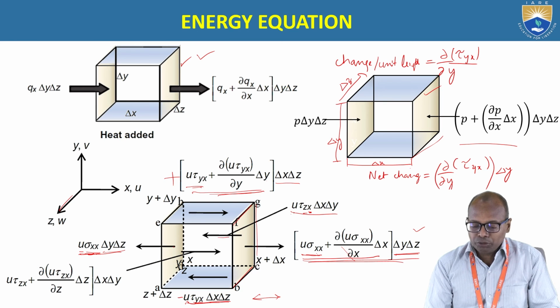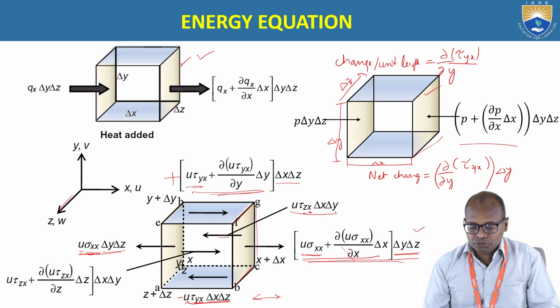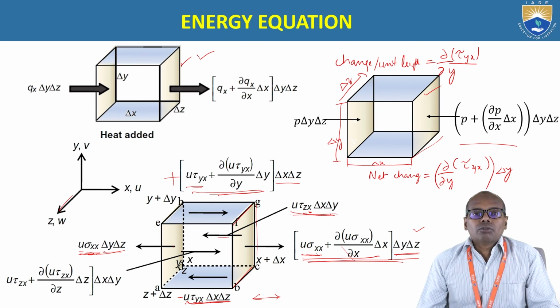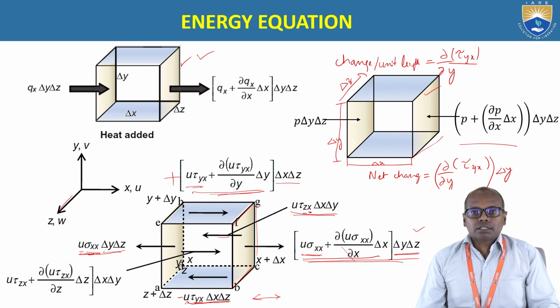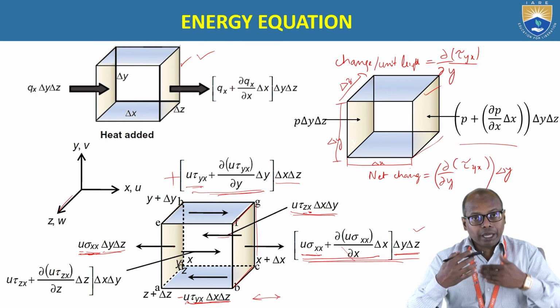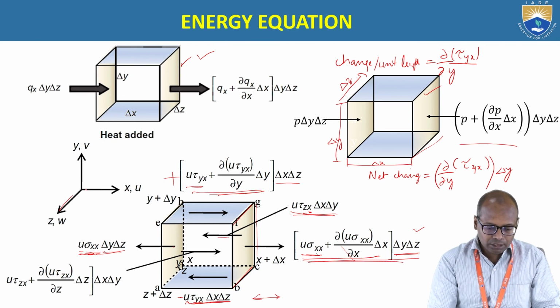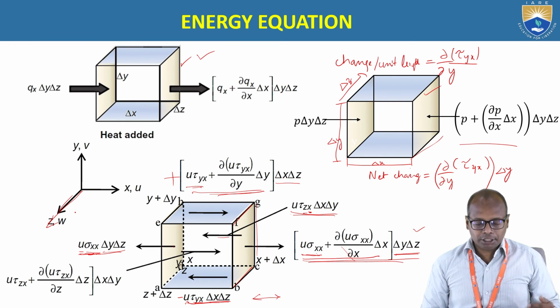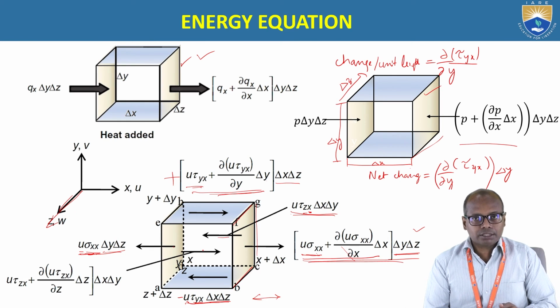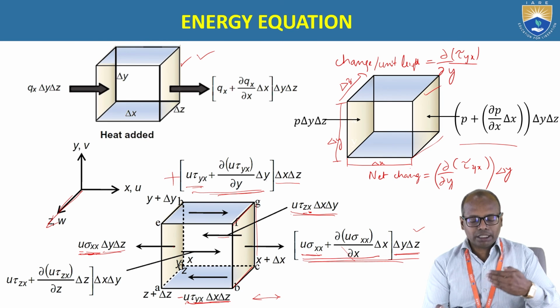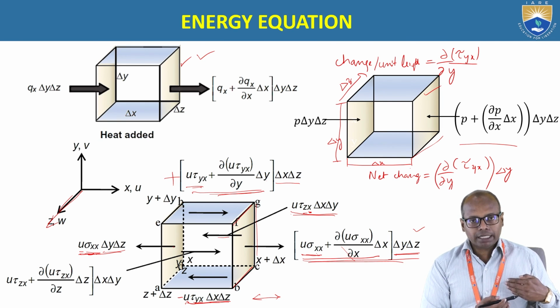The u into tau zx into delta x delta y. So this is the work done by the shear stress on the back face. So since it is increasing in this direction, the back face will have a less quantity and the front face will have a greater quantity.